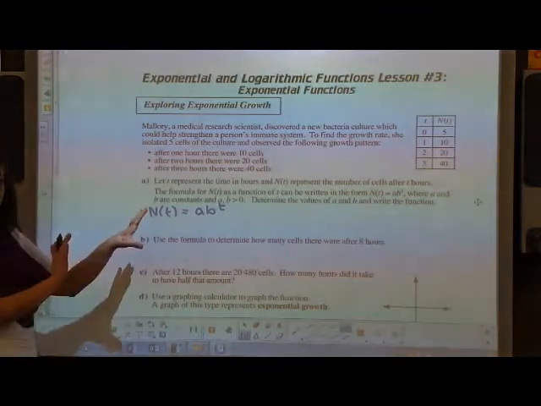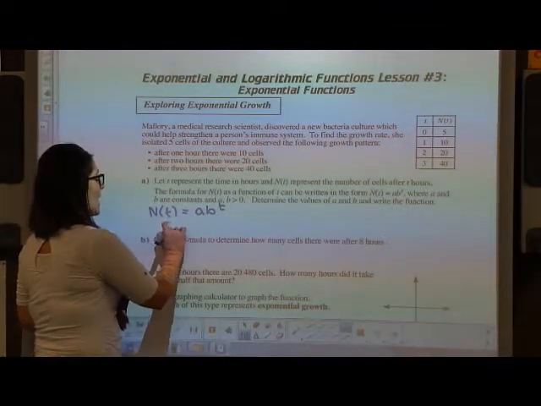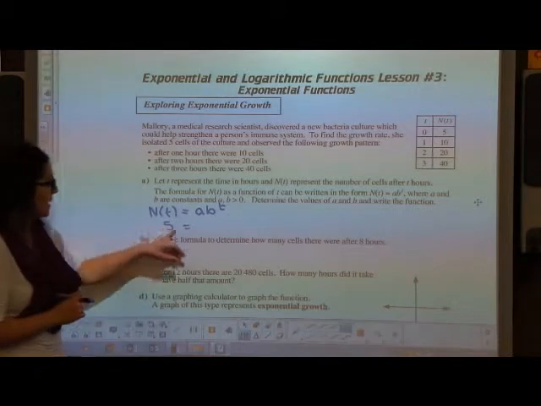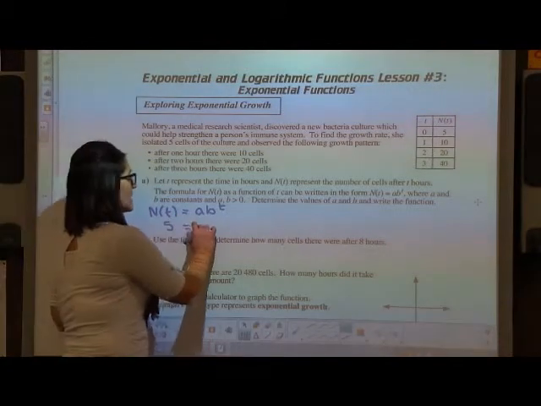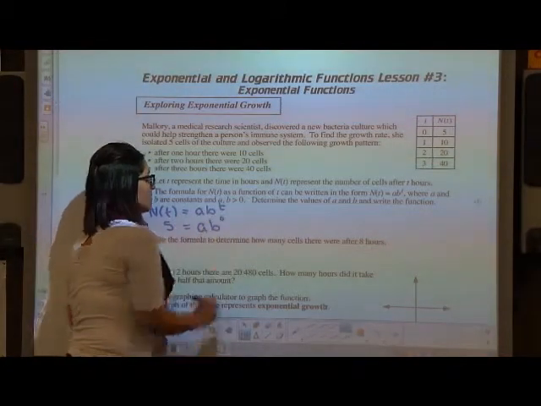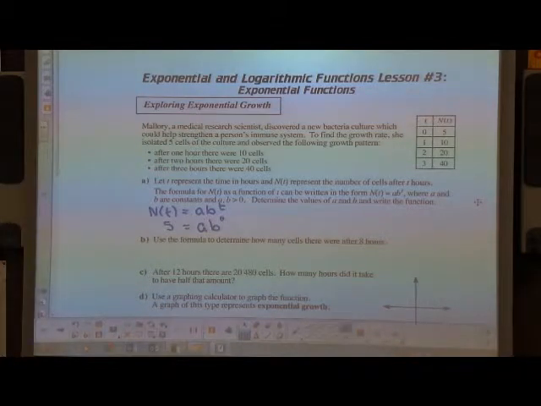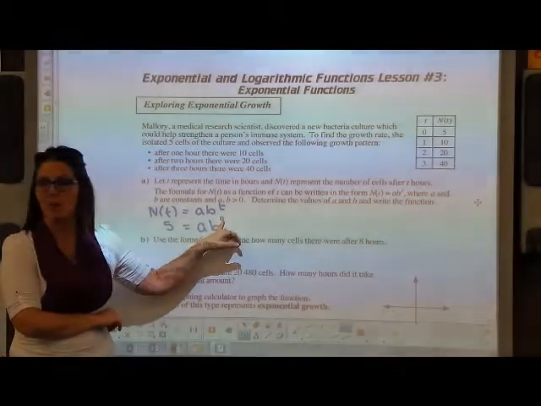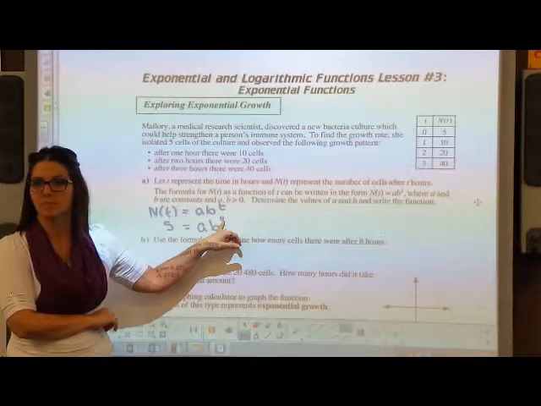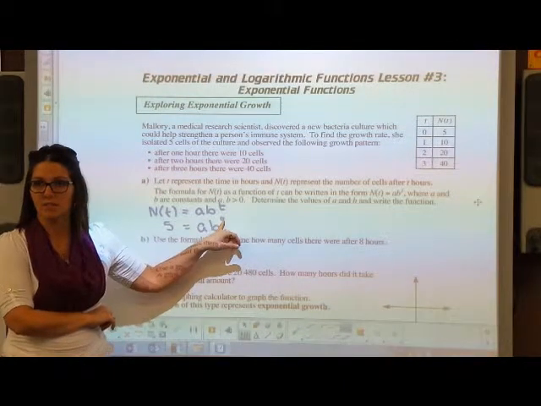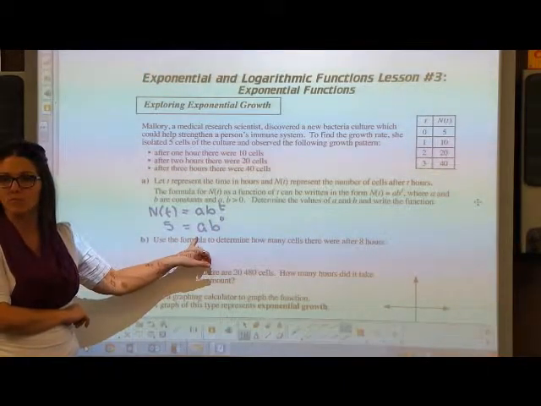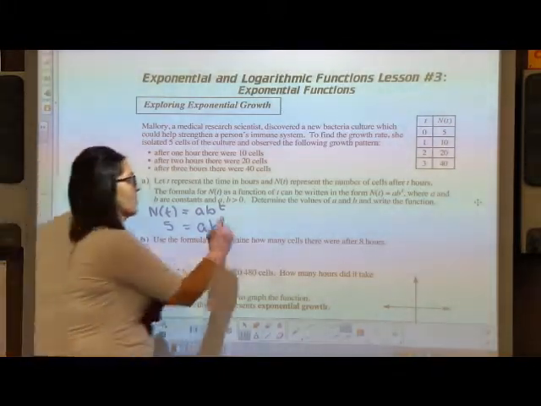So if I substitute in what I know, n of t is 5 cells when the time is equal to 0. So I have ab to the power of 0 is equal to 5. What do I know about anything to the power of 0? It's equal to 1. So then what's a equal to? 5. a has to be equal to 5.